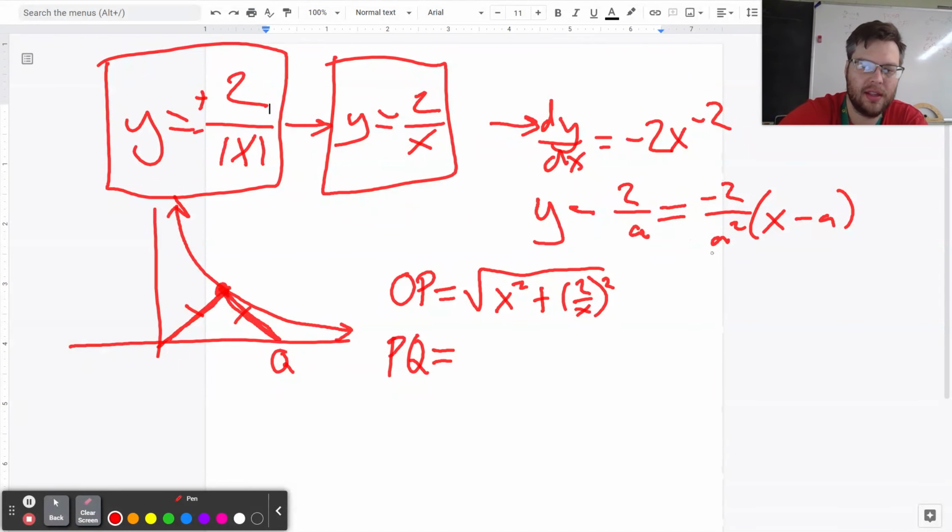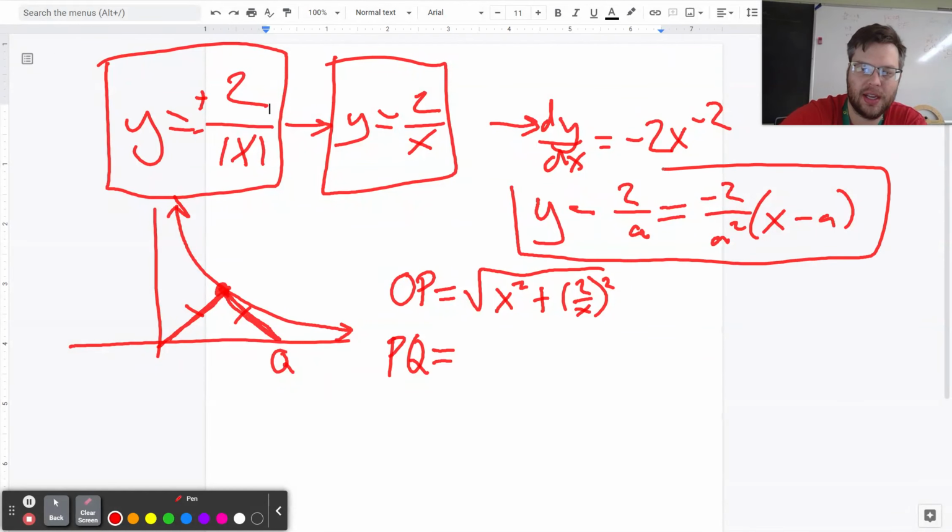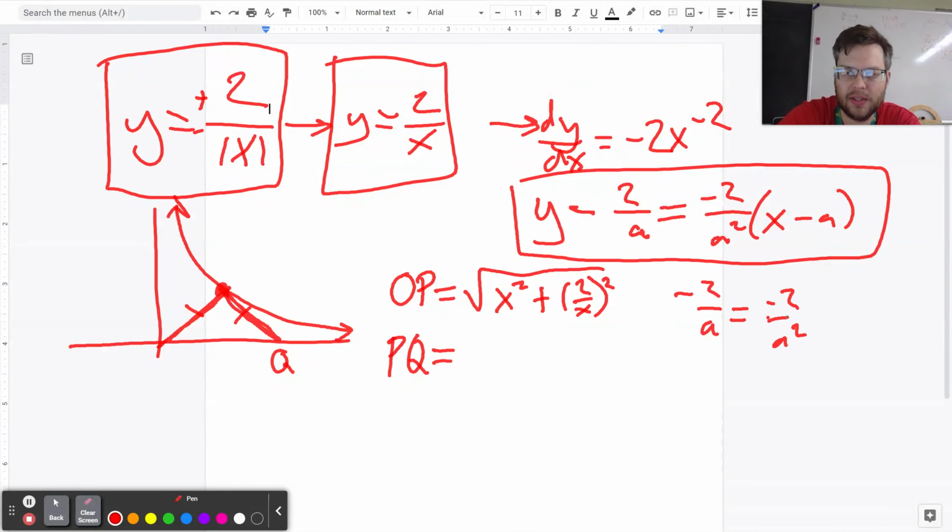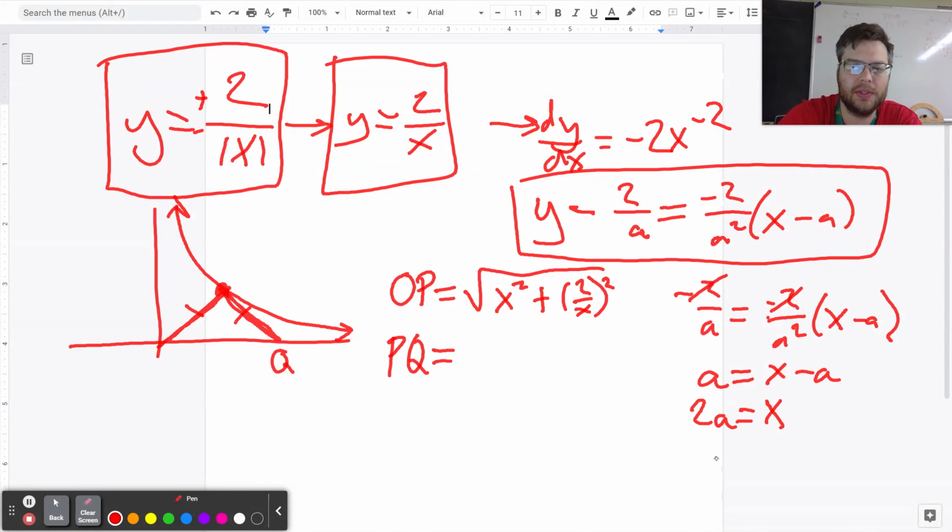You can see that this tangent line is going to get hit 0 precisely when negative 2 over a is equal to this times x minus a. And so if I divide by negative 2 and multiply by a squared, I get that a equals x minus a. In other words, x is equal to 2a. And so that's the whole idea that I was talking about earlier.